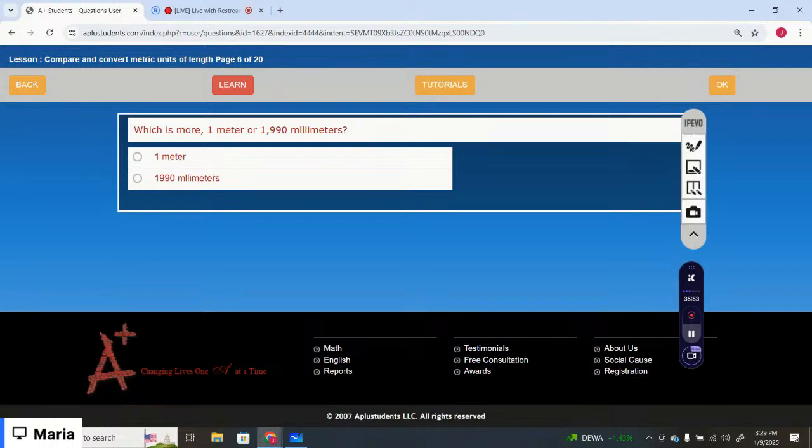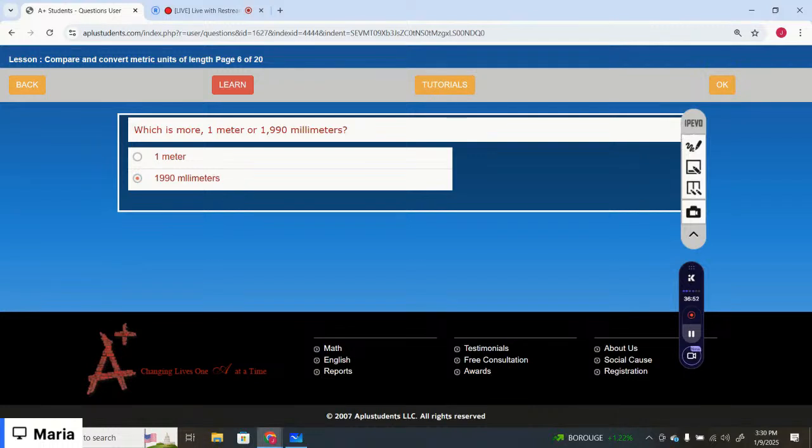Which is more, 1 meter or 1990 millimeters? The correct option is 1990 millimeters because in 1 meter you have 1000 millimeters.